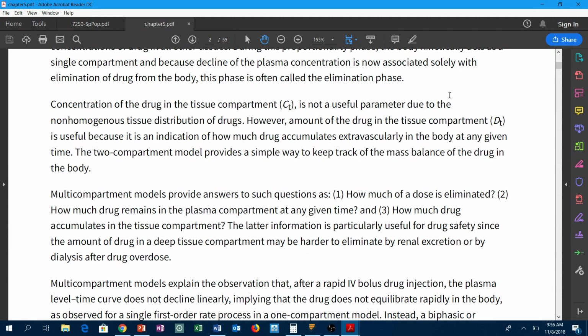Ready? All transfer rate processes for the passage of drug into or out of the compartment are first order. Okay. What else you got?